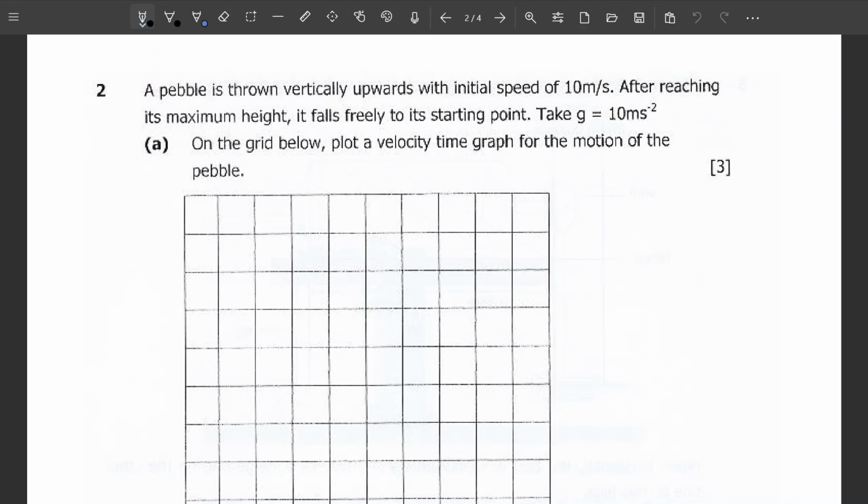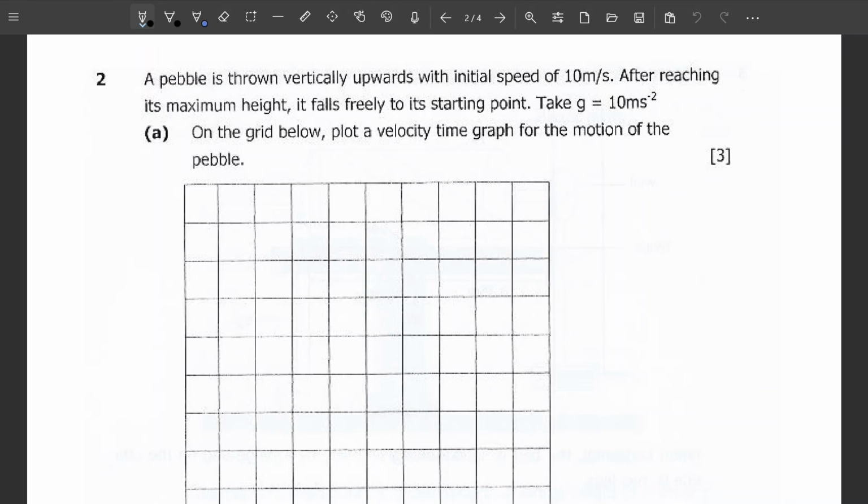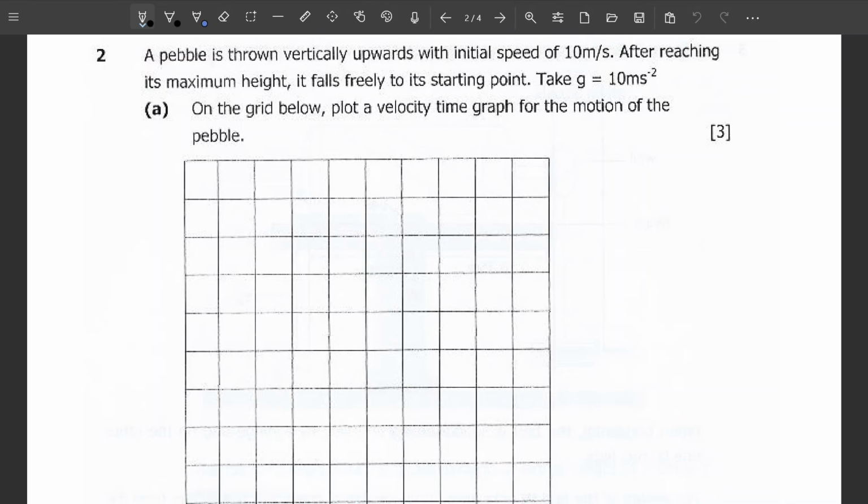Take g as 10 meters per second square. On the grid below, plot a velocity time graph for the motion of the pebble. So a pebble, it could be a stone, a piece of something.